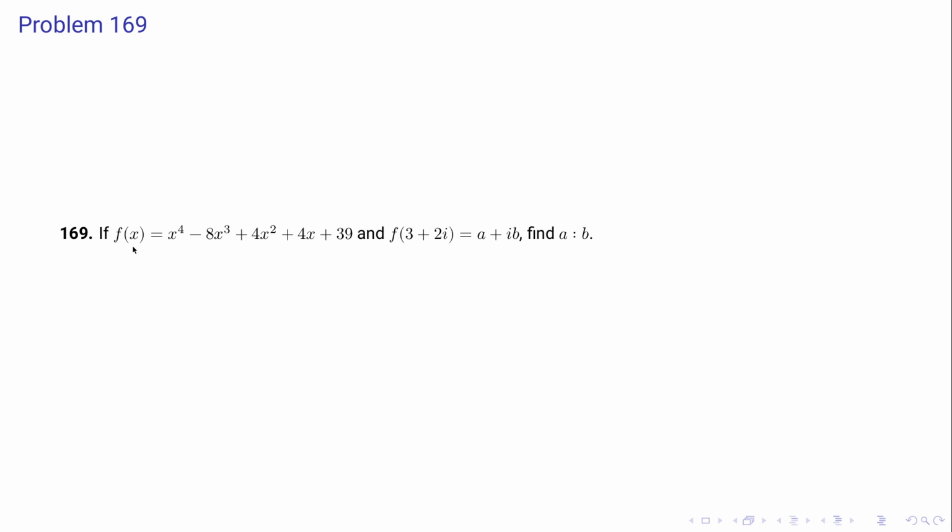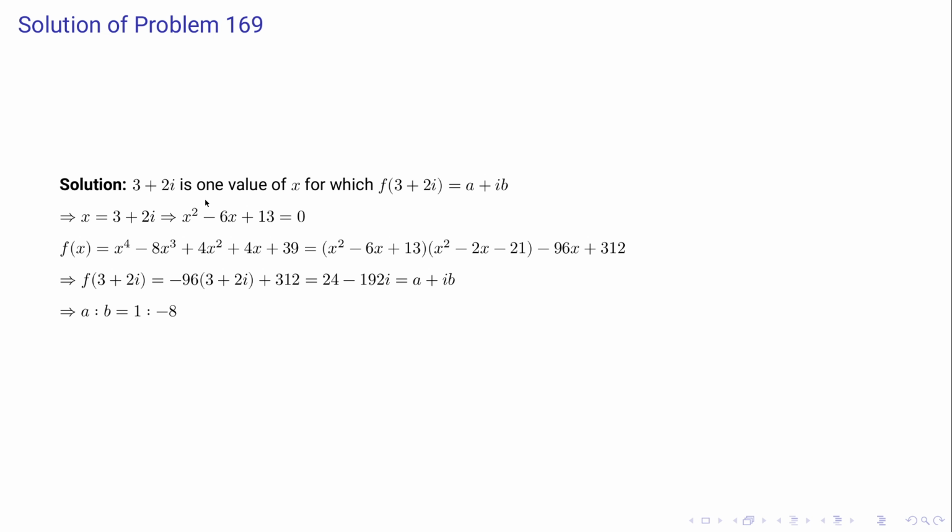Problem 169 says that if f(x) is equal to x to the power 4 minus x cube plus 4x square plus 4x plus 39 and f(3 plus 2i) is equal to a plus ib, find a is to b. So 3 plus 2i is one of the roots of the equation x square minus 6x plus 13 is equal to 0, so we compute f(x). f(x) becomes x square minus 6x plus 13 into x square plus 5x minus 21 minus 96x plus 312.